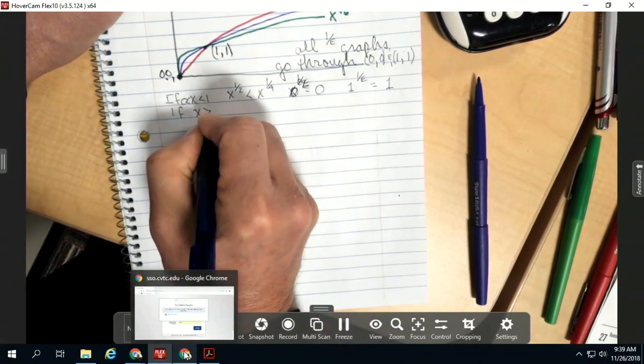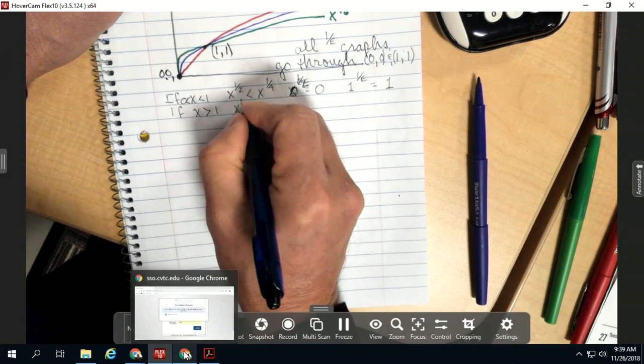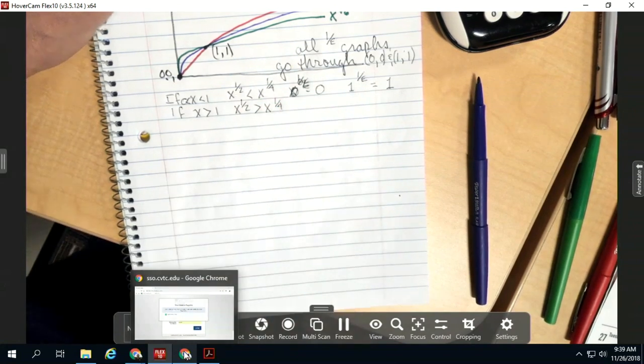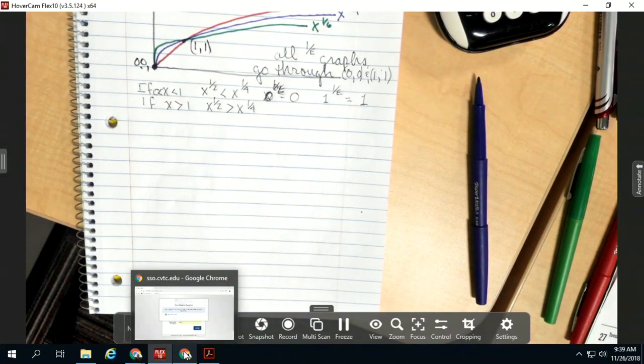If x is greater than 1, x to the 1/2 is greater than x to the 1/4. So in the first case, the smaller the power, the smaller the number. In the second case, the smaller the power, the bigger. I'm sorry, not the small. The smaller, in the first case, the smaller the denominator, the smaller the fraction. In the second case, the smaller the fraction, the smaller the number.